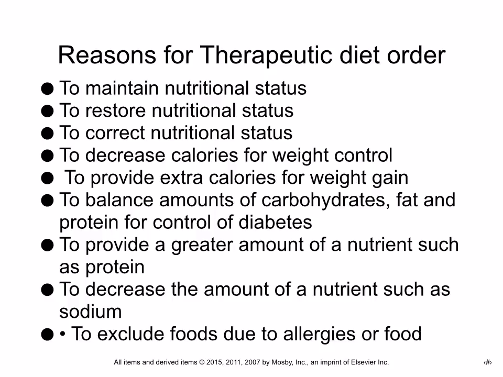To decrease the amount of a nutrient such as sodium, and sodium is for high blood pressure patients, patients suffering from kidney diseases. The therapeutic diet can also be ordered to exclude foods due to allergies or food intolerance.